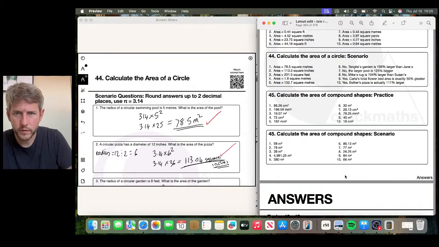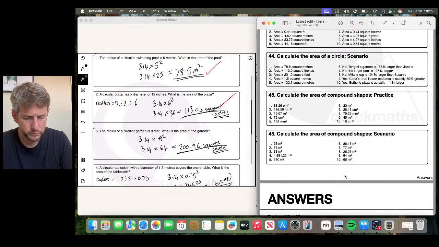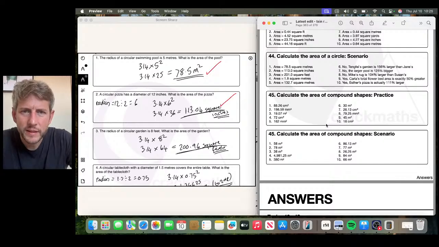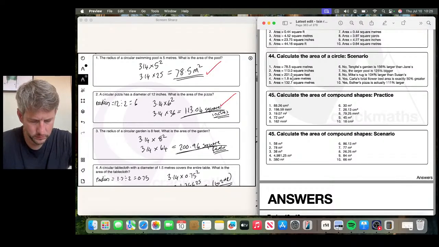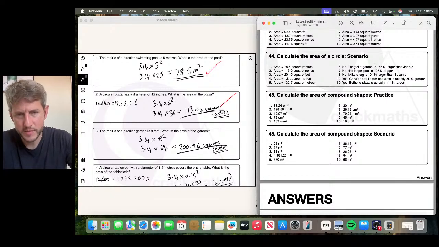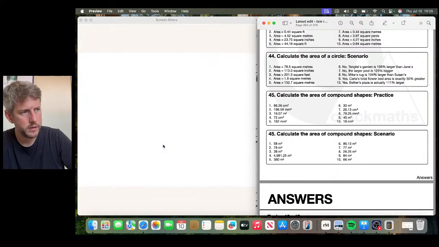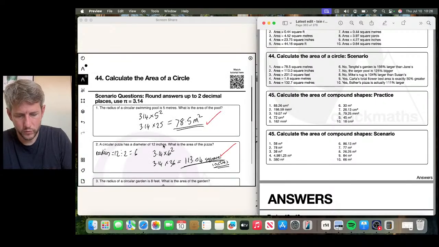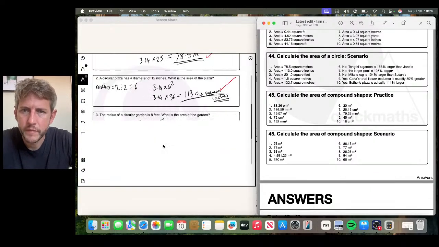Definitely said 2 decimal places at the start, didn't it? Round answers up to 2 decimal places. Yep.